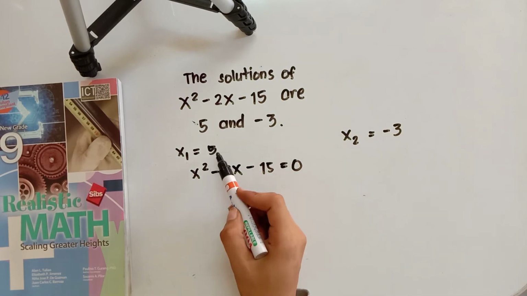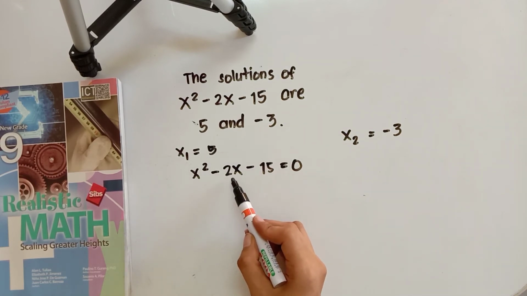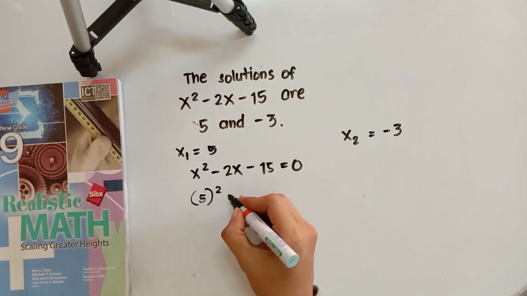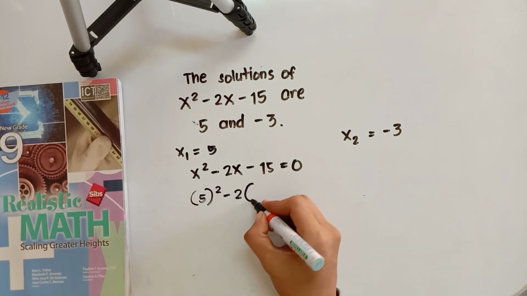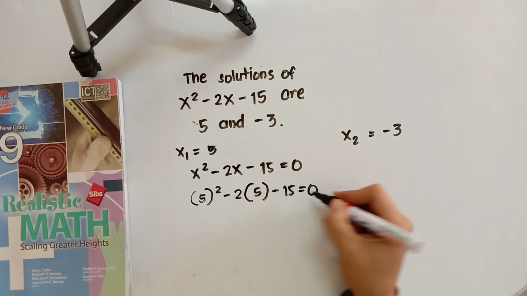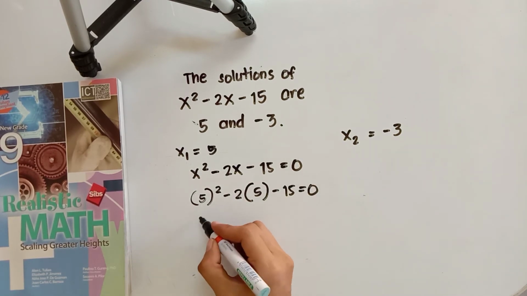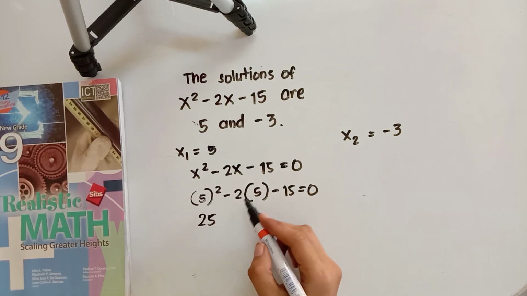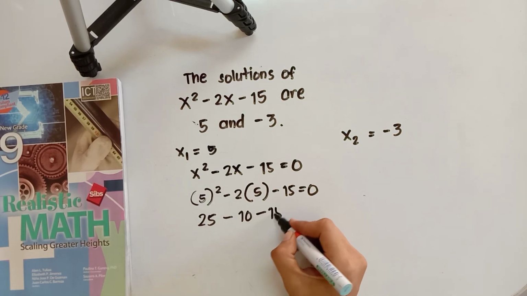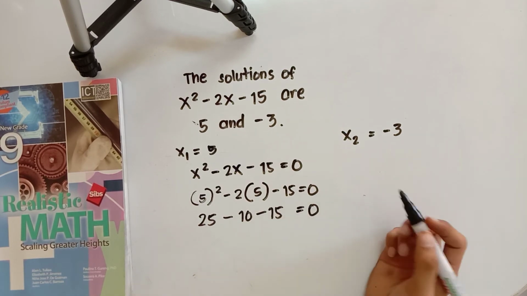Substituting 5 for x, that is 5 squared minus 2 times 5 minus 15 is equal to 0. The square of 5 is 25, negative 2 times 5 is negative 10, minus 15 is equal to 0.